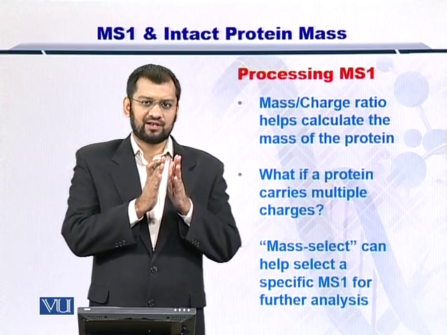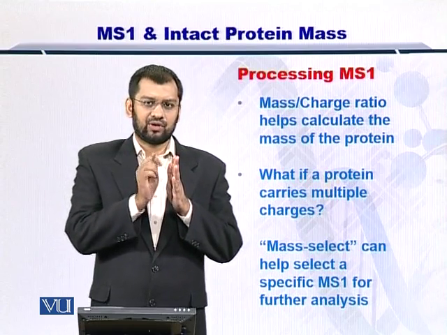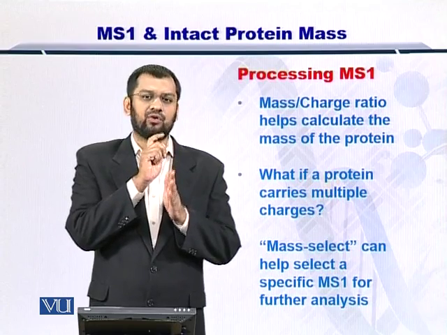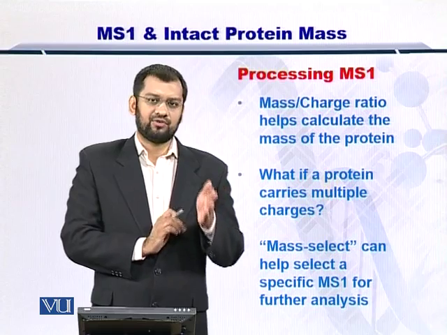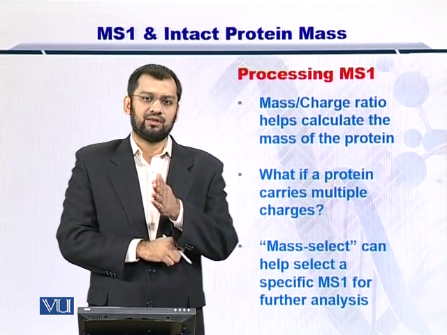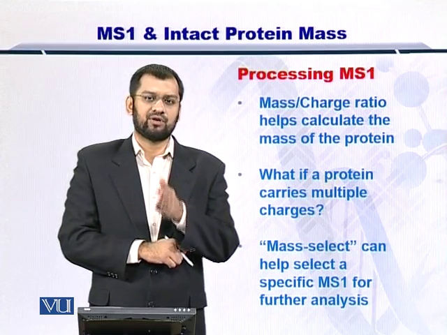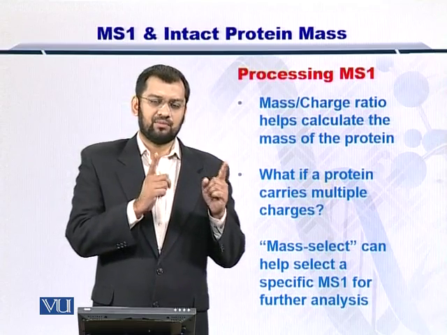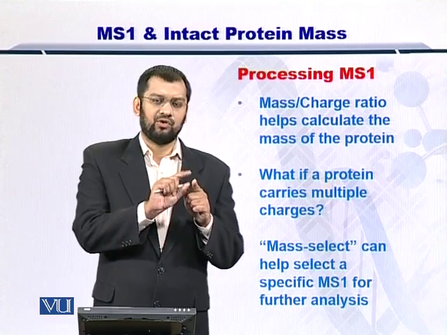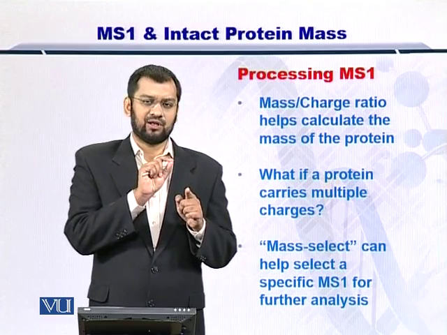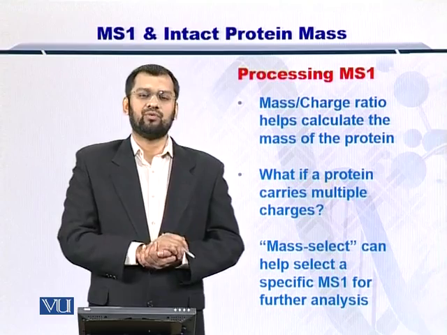If you can select a mass range, then you can actually select that molecule only for onward analysis. So if you have different MS1 mass over charge ratios reported from the mass spectrometer, then by mass selecting a specific range from it, you can select those molecules for onward processing.